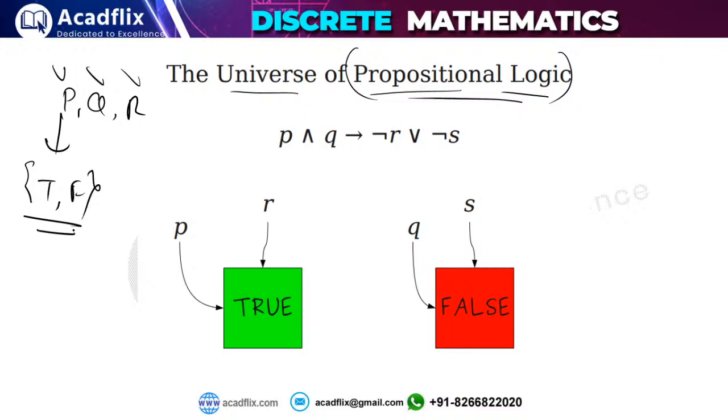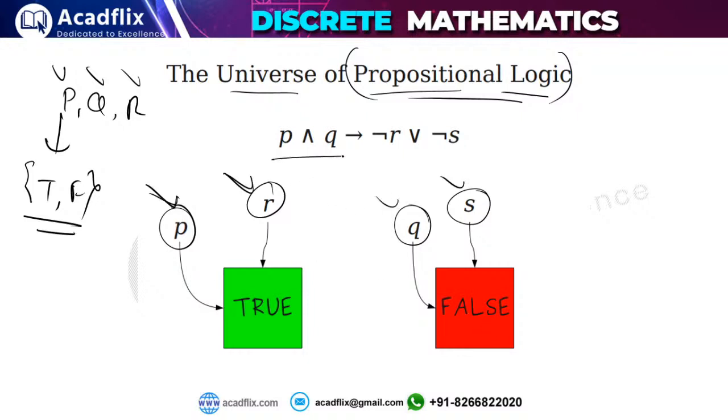Any proposition variable can take either true or false, only these two values. For example, maybe P is taking true, R is taking true, Q is taking false, S is taking false.